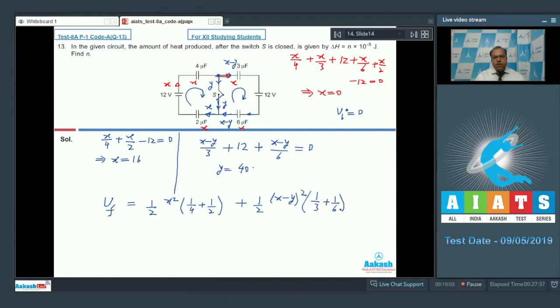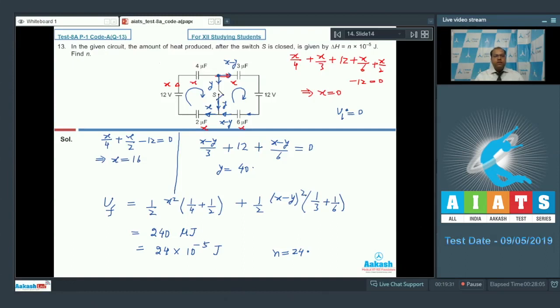So if I substitute the values of x and y and solve this, it comes out to be 240 microjoule, or I can write it this way: 24 into 10 raised to the power minus 5 joule, and this is also the same amount of heat produced. So the value of N is equal to 24. So the correct answer for question number 13 is 24.